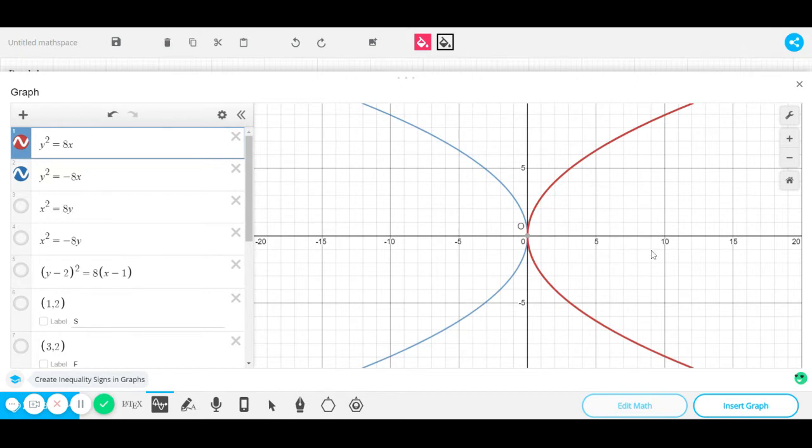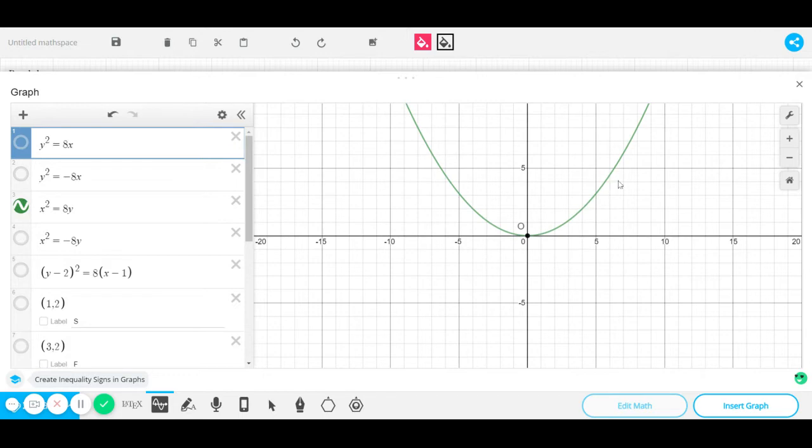So whenever x has a positive coefficient, we'll see that the parabola opens towards the right. Whenever we give x a negative coefficient, the parabola will open towards the left, towards minus infinity, in accordance with the x-axis. Now, what if we had squared x and given y the coefficient 2p?